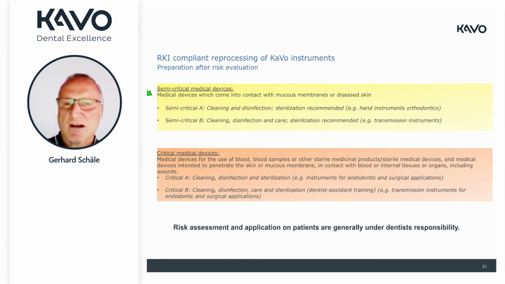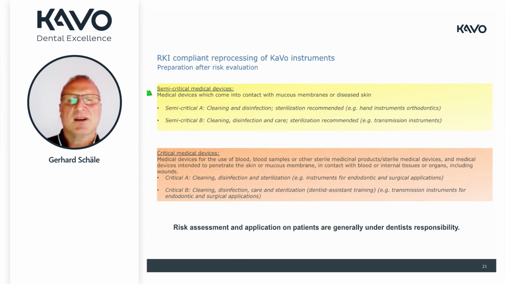So we always consist to that way. Worst case scenario, if you are not 100% sure, go for the safe side and do the thermal disinfection and afterwards the sterilization. If you clearly know that this will not have contact to blood or mucosa, then disinfection will be enough. But as I said, the risk assessment, that's up to you.